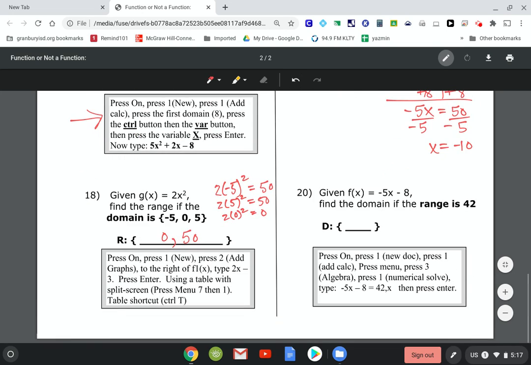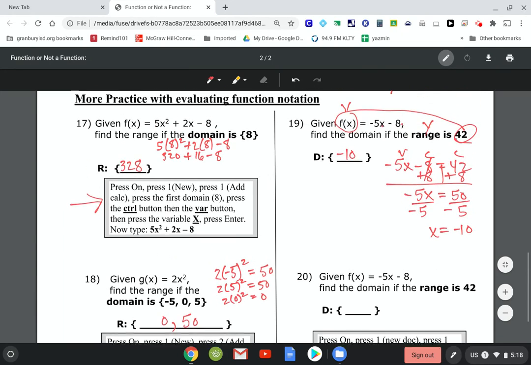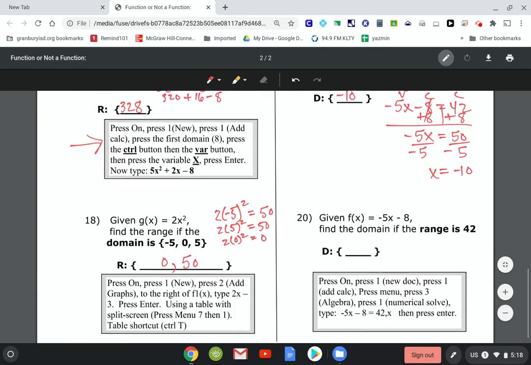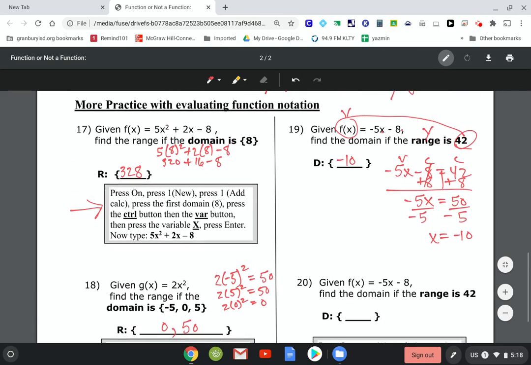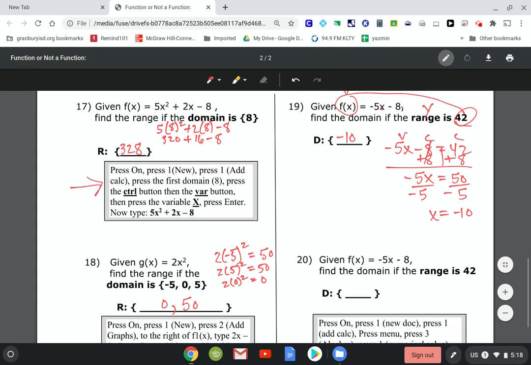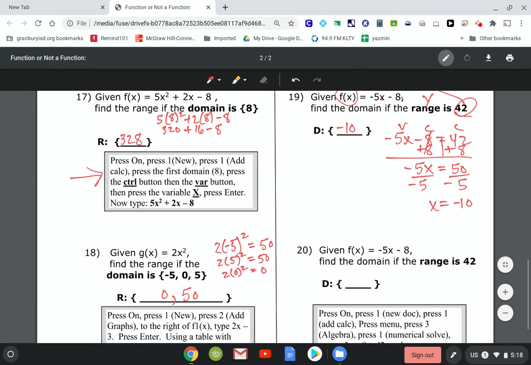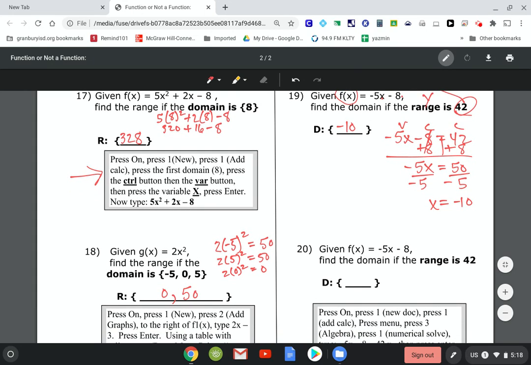All right, and then let's look at number 20. It says f of x equals negative 5x minus 8, find the domain if the range is 42. All right, so I'm looking here, and it's the same problem for some reason.